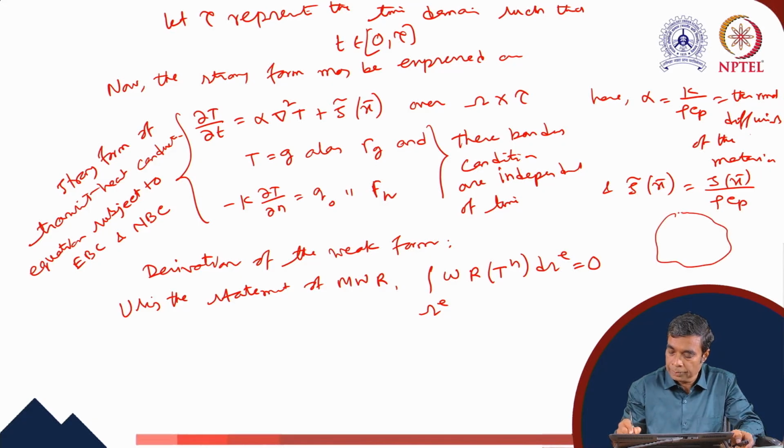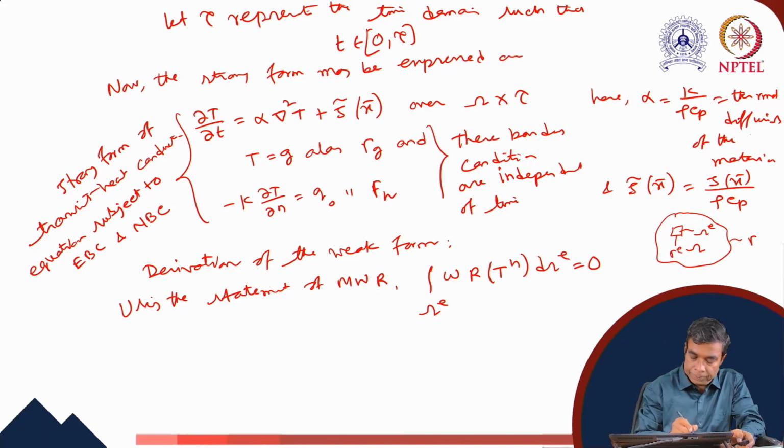Here this is our domain omega, this is our domain boundary gamma, and this is an arbitrary finite element whose domain we denote by the symbol omega e and boundary as gamma e.